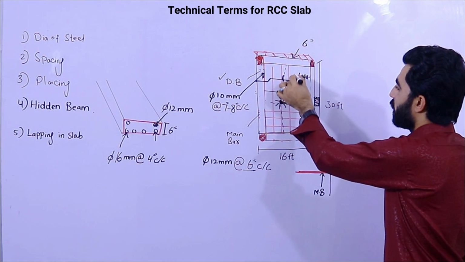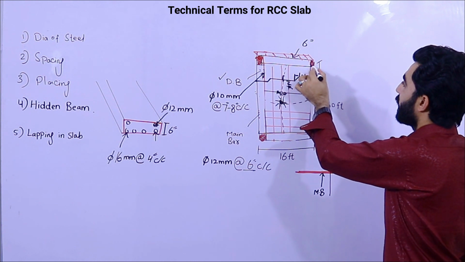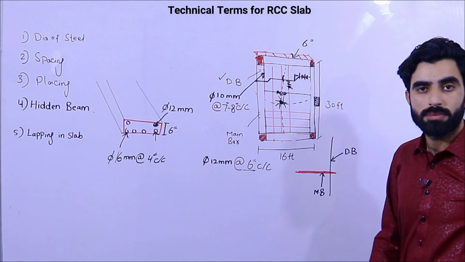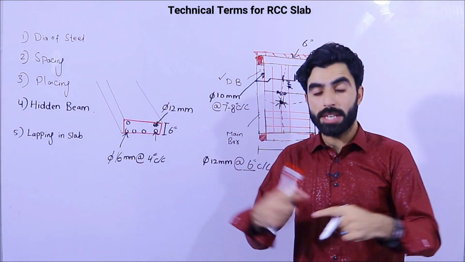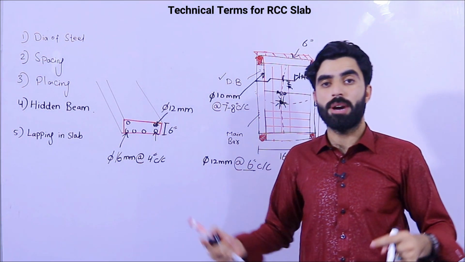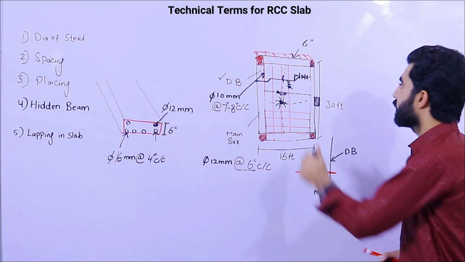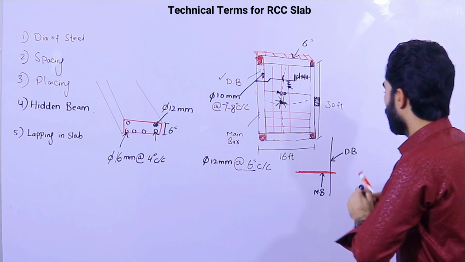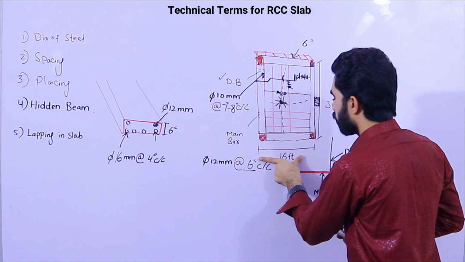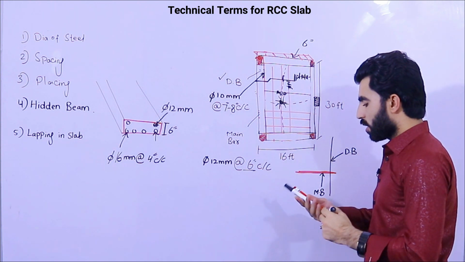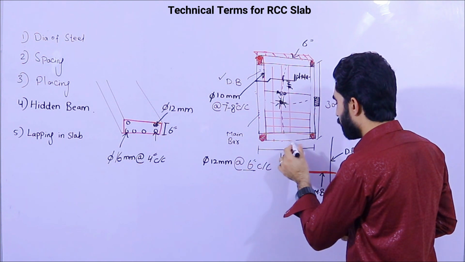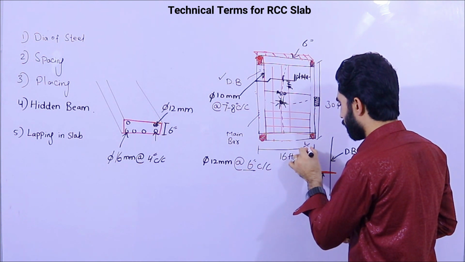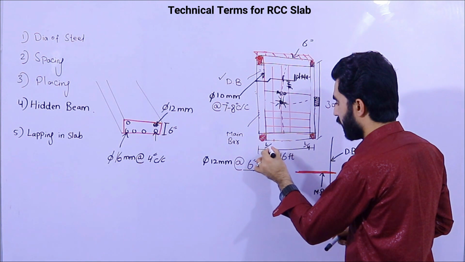This is the place, or you can provide it at the junction also, where you have the junction. There you should provide the extra bars. In the case of extra bars you can provide the lapping length, but this is the best place. For example, if the total width is 16 feet, using the formula L/4, this is L/4 and this is also L/4.